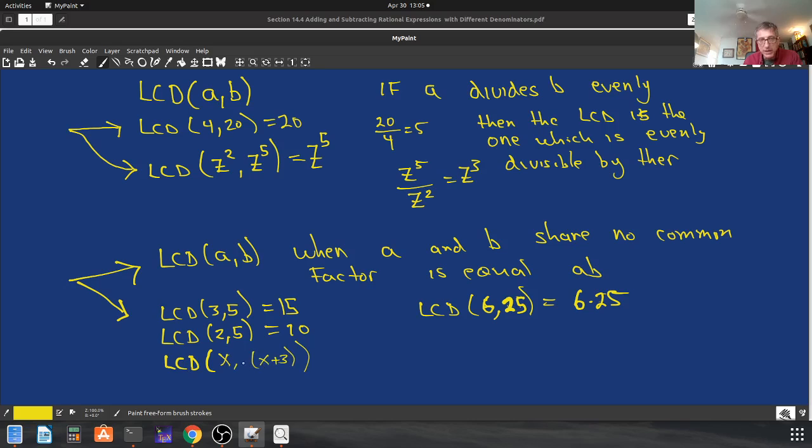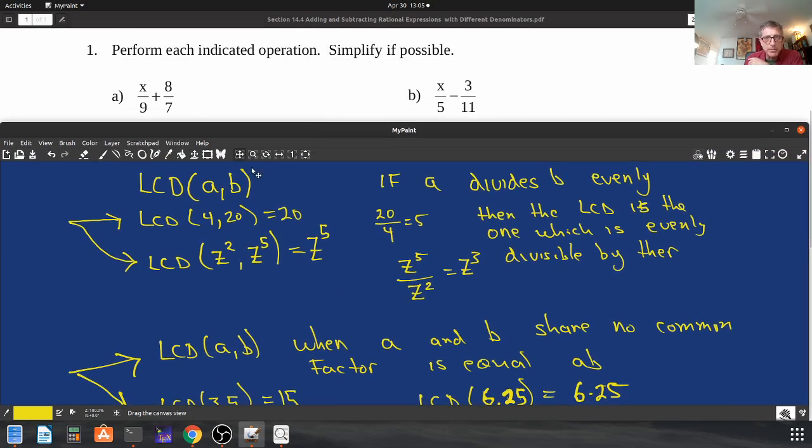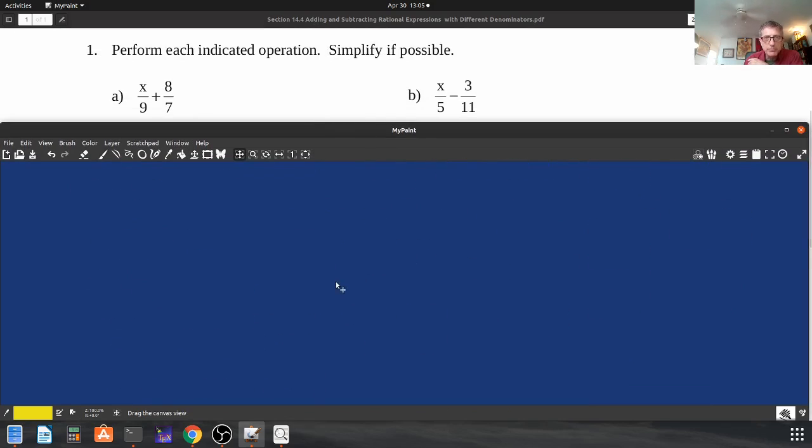Both of those are prime, so it would be equal to x times x plus 3. So that's the example of this second case when we're talking about polynomials. I probably made it seem a little bit more difficult than it's actually going to be. But I think we're going to be using these properties again and again.